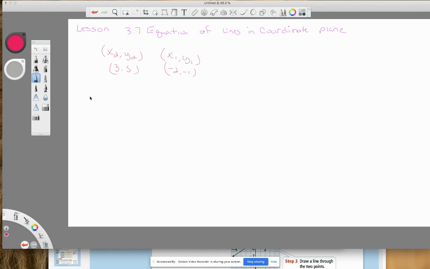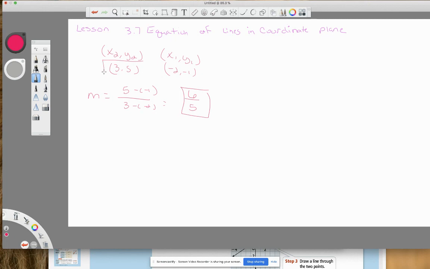So the first thing I have to do is find my slope. And my slope is going to be 5 minus negative 1 over 3 minus negative 2. So I get 5 plus 1 is 6, 3 plus 2 is 5. So my slope is 6/5. And then I've got 2 points. It doesn't matter which one.